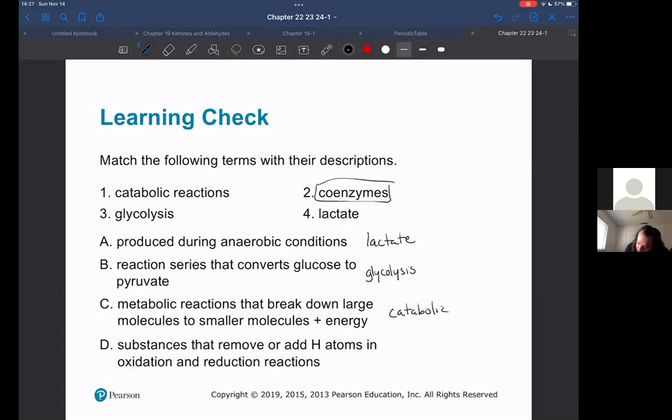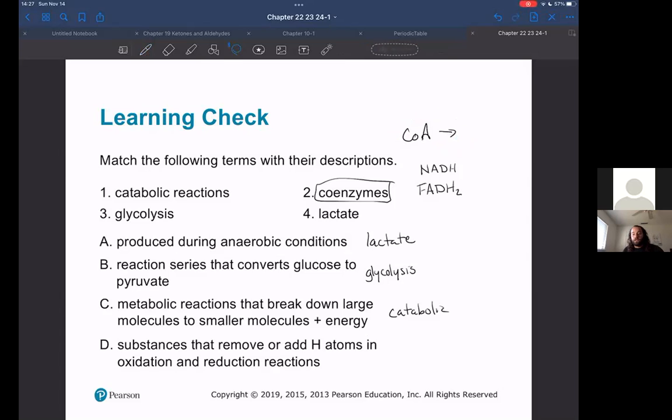We didn't actually talk too much about the coenzymes. The original format of this chapter spent a whole lecture talking about the different coenzymes and their different structures, and I made a kind of decision to gloss over those. The ones that we're going to talk about specifically, NADH, FADH2, and then the coenzyme A that we get to make acetyl-CoA. Those are the big three coenzymes that we're going to talk about. Their main role is in promoting oxidation reduction reactions, but we're going to see that they get converted into ATP energy.